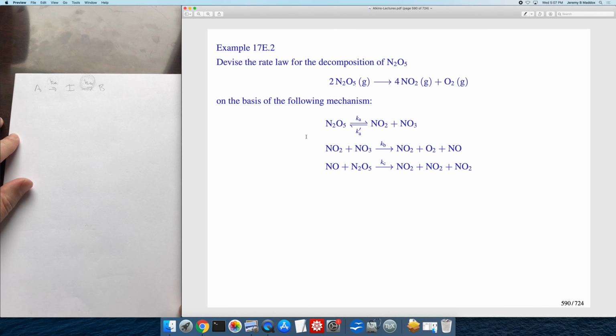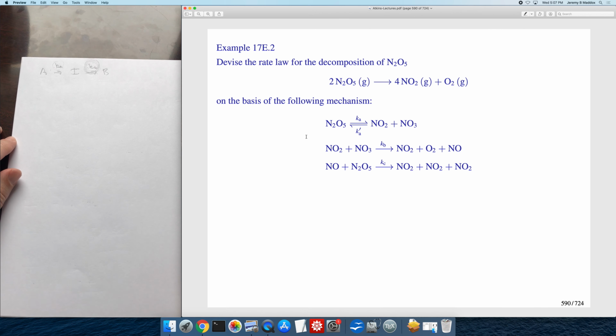So here is a much more elaborate example involving the steady state approximation. What they would like us to do is to devise a rate law for a complex mechanism. So this isn't a sequential mechanism. It's more complicated than that. We've got a forward step, a backward step, and then these two steps as well.